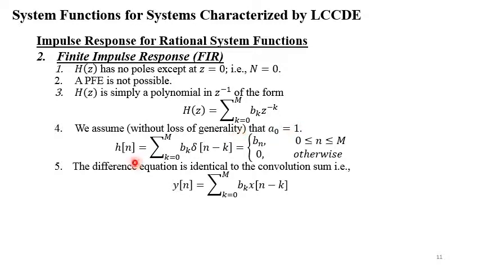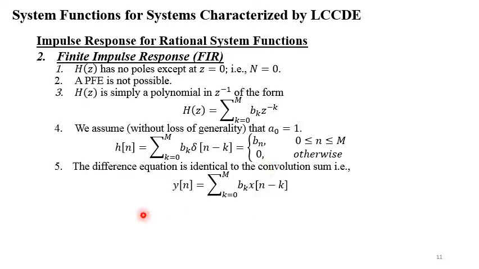So in this case, the time domain for this one, that's the impulse response for the system described here, can be written as h(n) equals the summation k running from 0 up to M of bk delta(n minus k), and this is equal to bn for n from 0 to M and 0 otherwise.